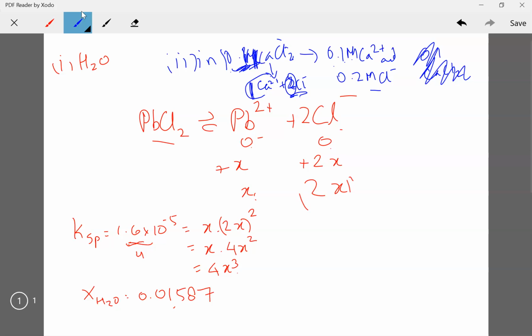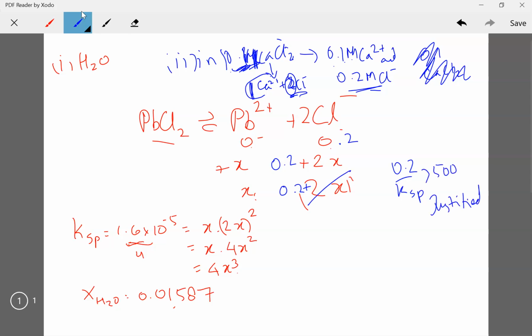Therefore you have to double the concentration of chloride, which means that instead of 0 here, it's going to be 0.2, 0.2 plus 2x, and then we do our quick 0.2 divided by Ksp greater than 500, justified, check.